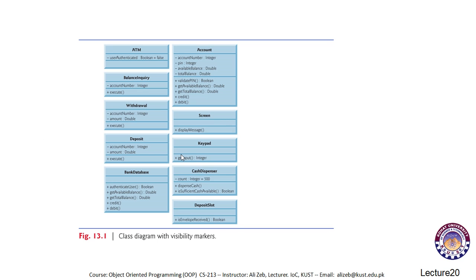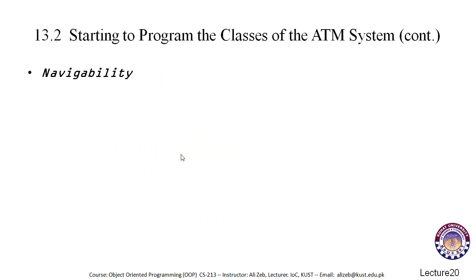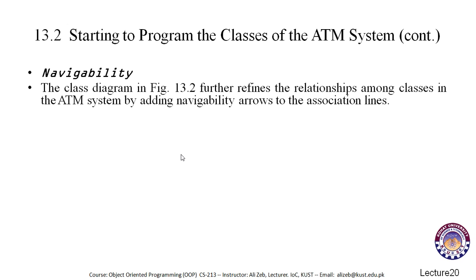This was the class diagram that we achieved without the relationships. So we have our classes and their variables and methods. Navigability shows us the flow, or the relationships, of our classes.